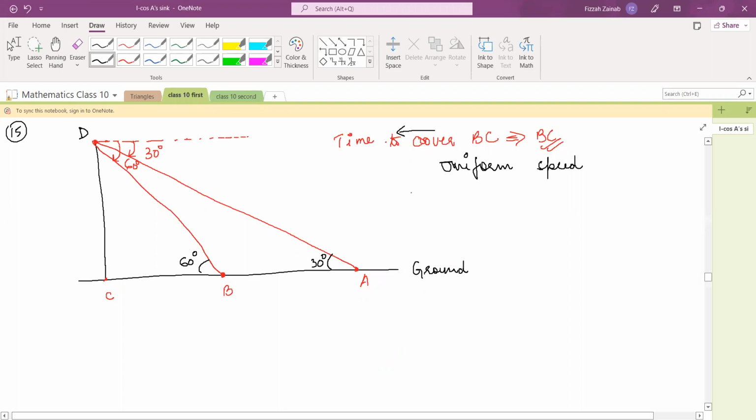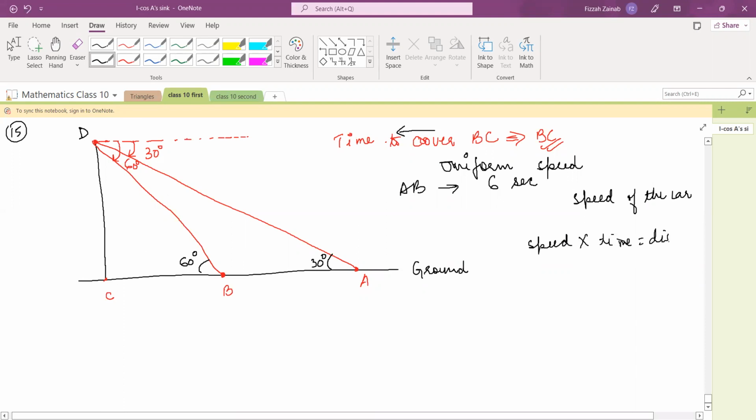Now 6 seconds is basically the time to cover the distance AB, correct? The distance AB has been covered in 6 seconds. All right. So basically car, right? You don't know the speed of the car. Okay, if I come back to physics, your speed into time is your distance, correct?